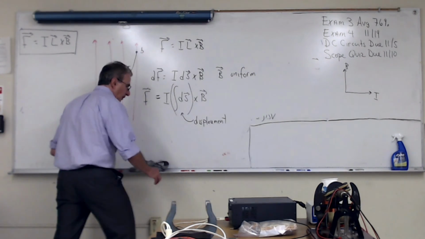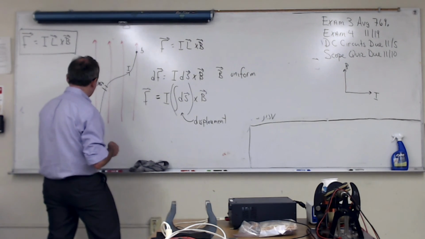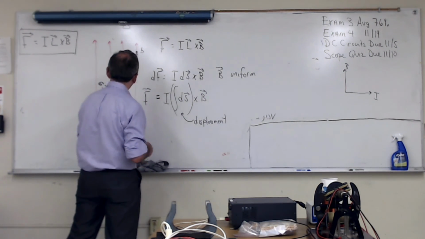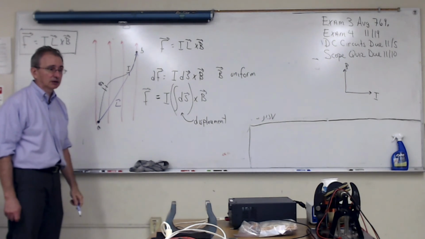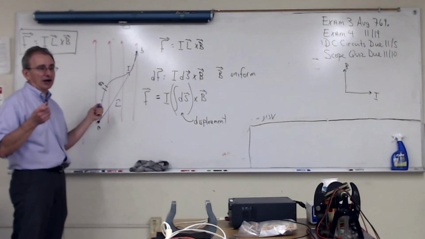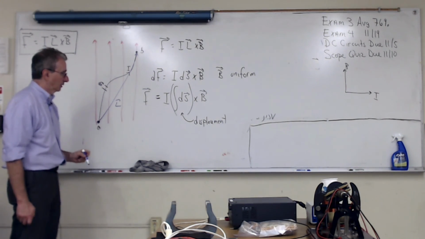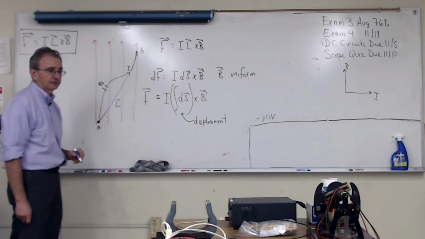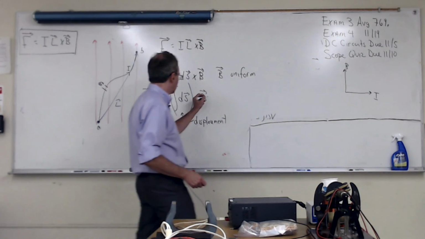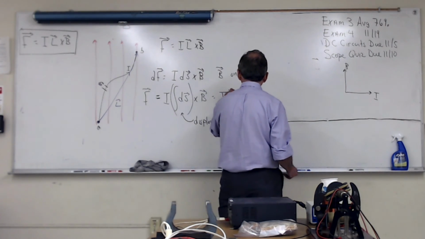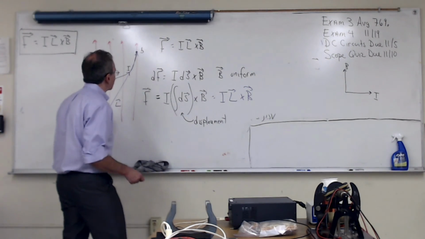And we define the vector L, because I did the case for the straight wire before, as the vector that goes from A to B. It's the shortest distance between points A and B. It's obvious in the case of a straight wire, but what if the wire is crooked? So L is a displacement. So this is going to be equal to I, L cross B, and L is the displacement of the current between points A and B.